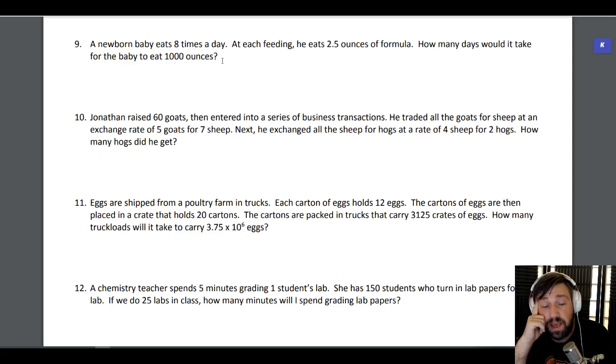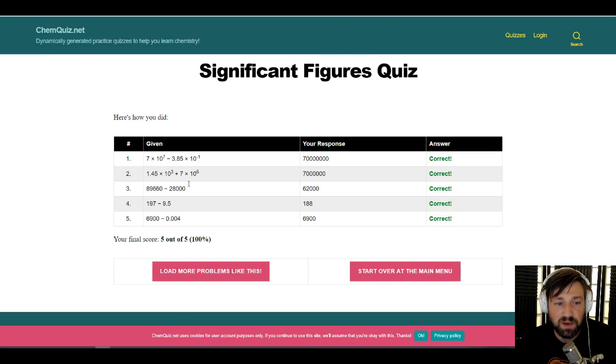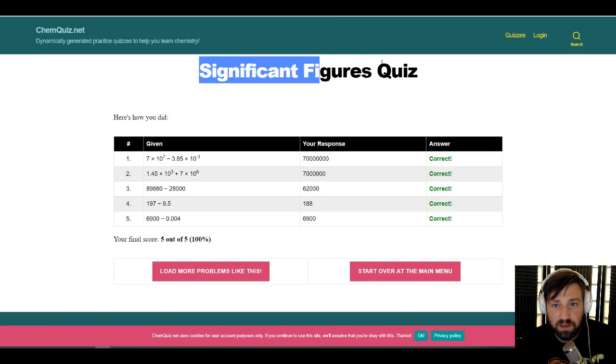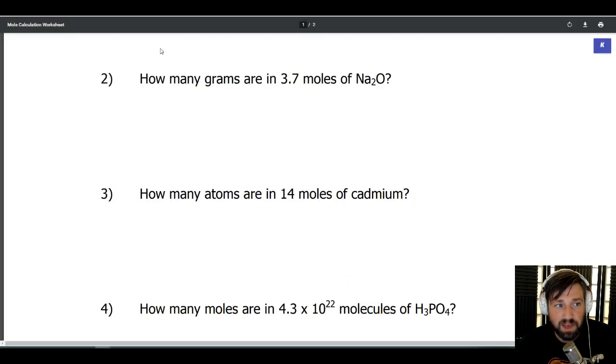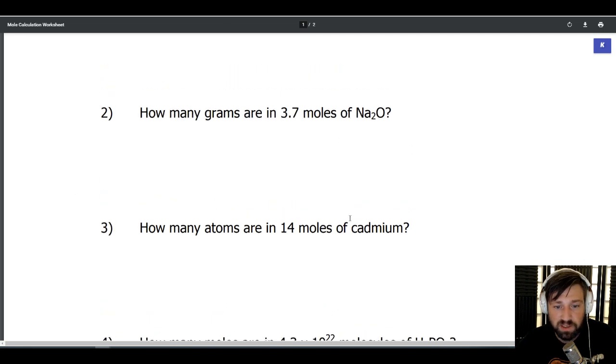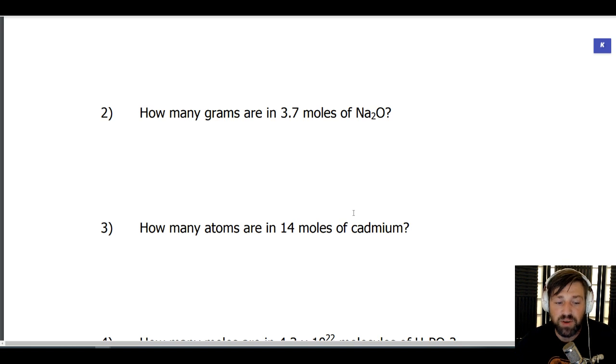That is an amazing way of getting good at this. Remember, it's just practice. Doing practice problems can really help you out. I don't want to just inundate you with them over and over again. If you got it, great, but if you don't get it, then find out more or just ask. I'll send you some extra problem sets. This is a great way of figuring out sig figs. I just typed in grams, moles, atoms worksheet and this popped up. There are some great ways of getting some good practice in.